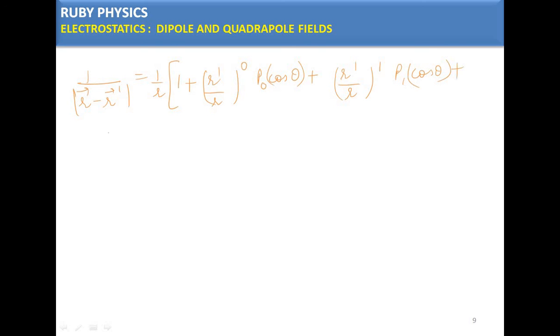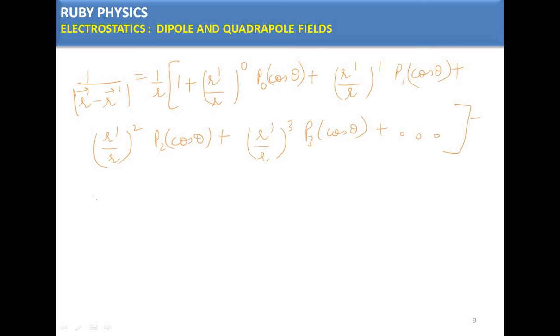Then the third term will be (r dash by r) to the power 2 P2 cos theta, and then (r dash by r) to the power 3 P3 cos theta, and so on. So you can find this, and this whole equation can be written in the form of summation.